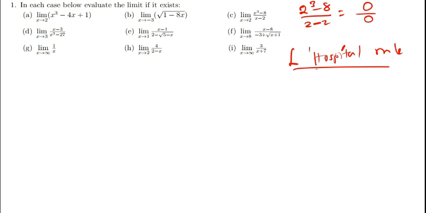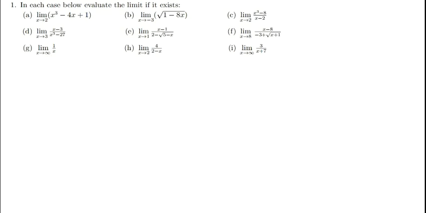This rule states that if you plug in the values and you end up with 0 over 0 or infinity over infinity, what you normally do is differentiate the function. You take the first derivative, then you plug in the value.